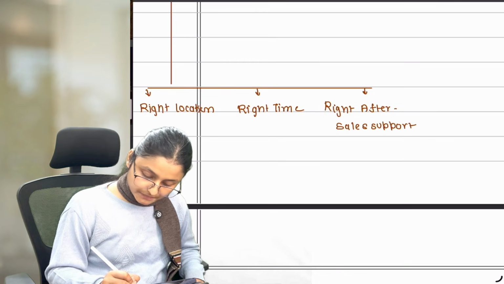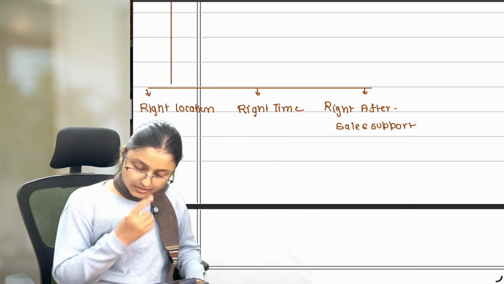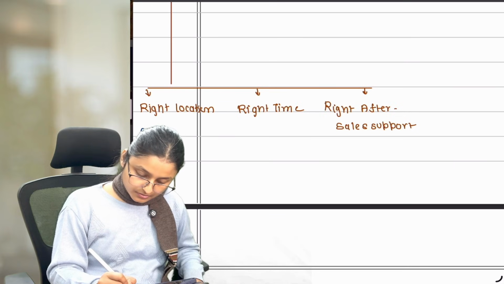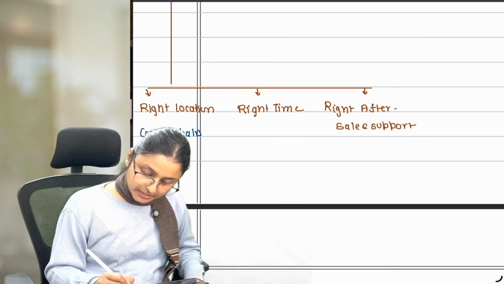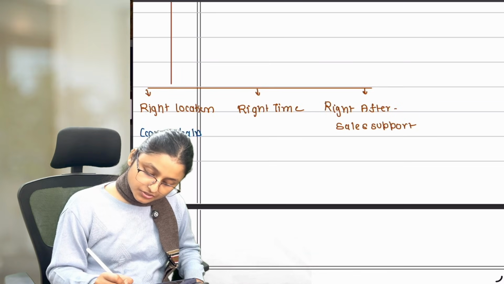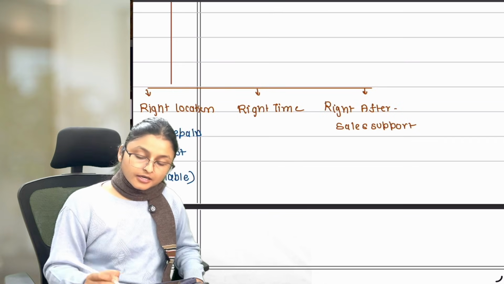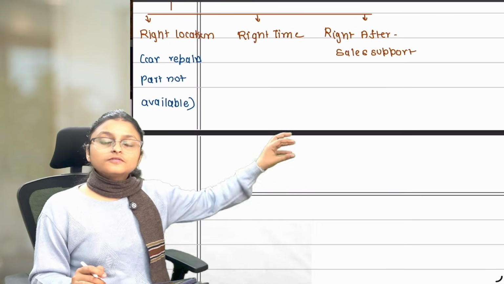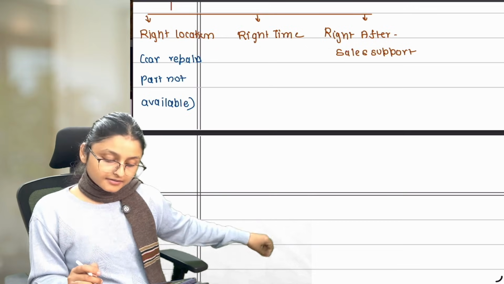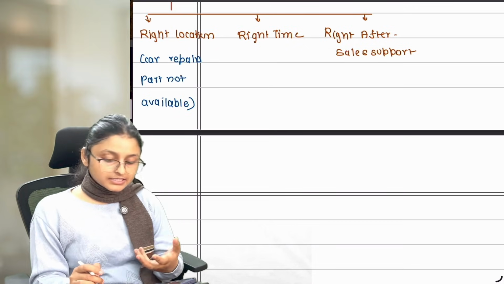Right location. We have seen one example of the same. Car repair part not available, so it will diminish customer satisfaction. If you want to see the details, we already have all of the details in our book, right? So no need of writing everything in detail here.